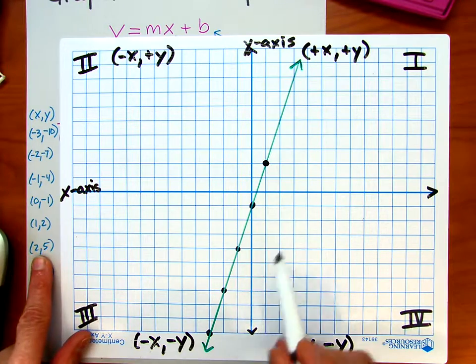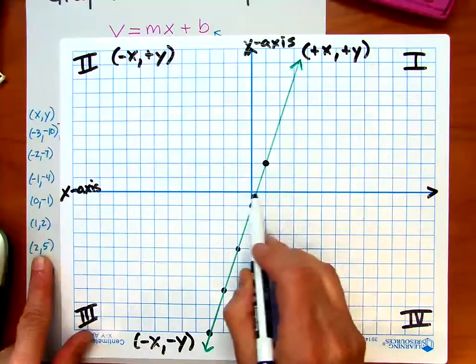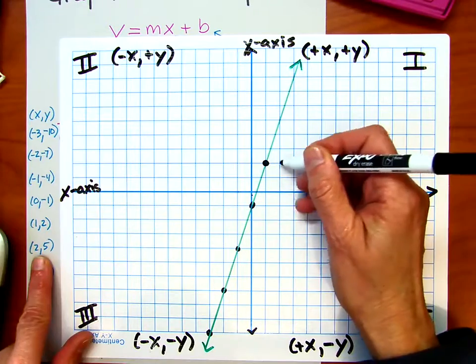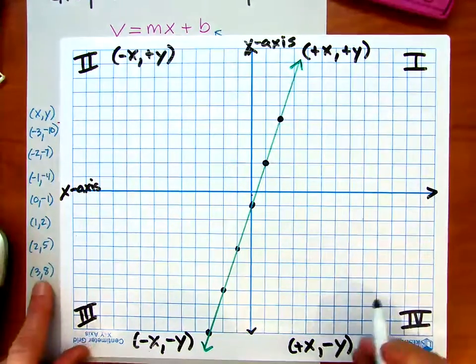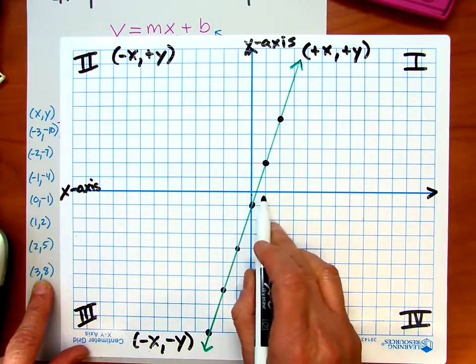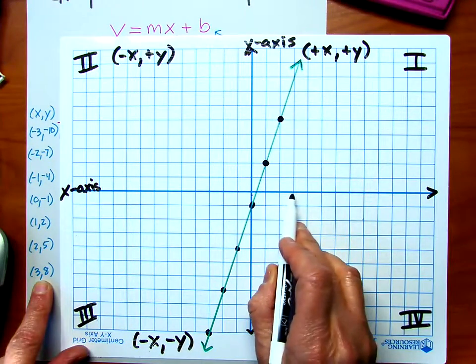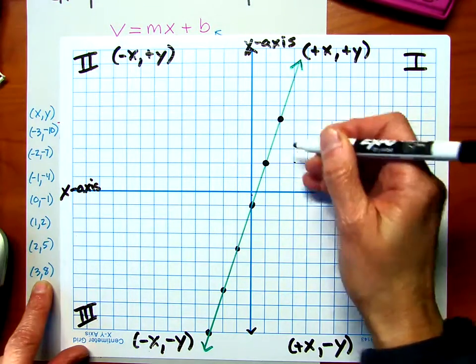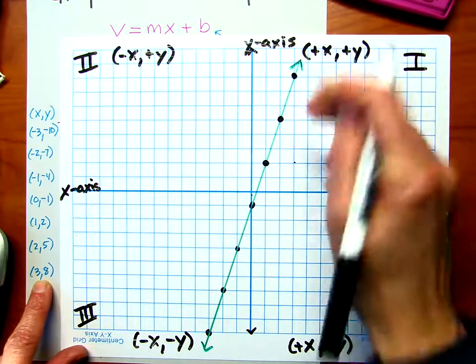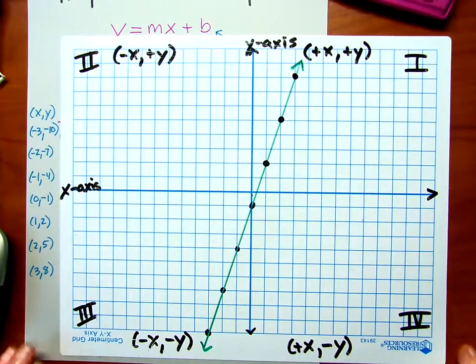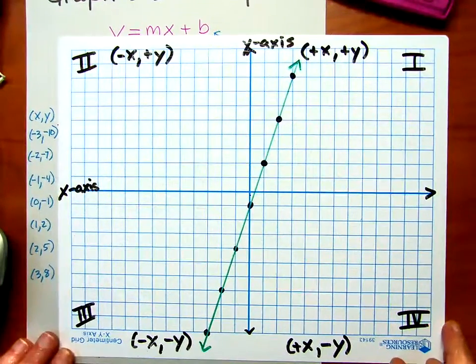The next coordinate is (2, 5), so 1, 2, then 1, 2, 3, 4, 5. The last one is (3, 8), so 1, 2, 3, then 1, 2, 3, 4, 5, 6, 7, 8. And look at that. All of those coordinates are on the line.